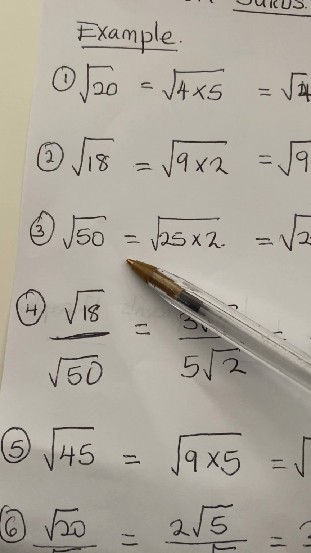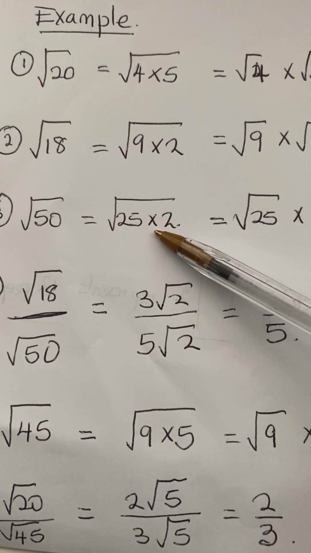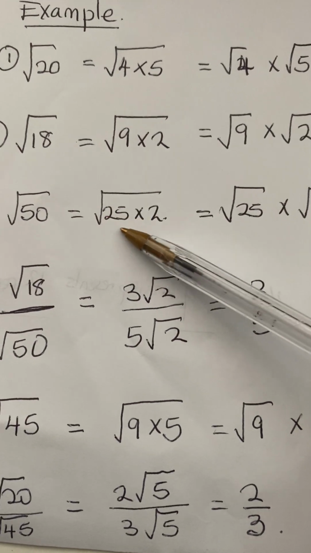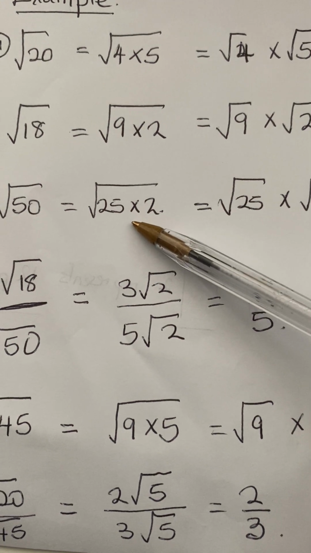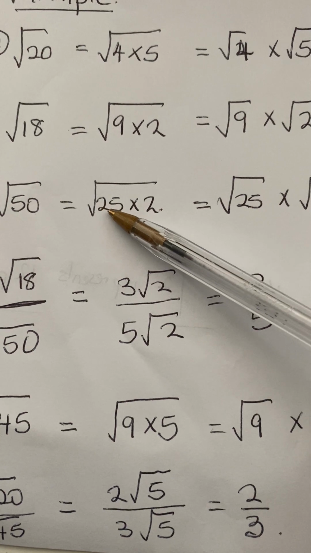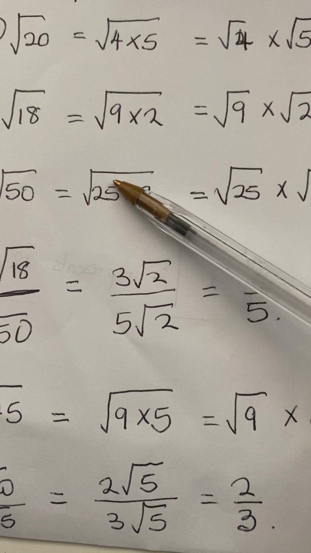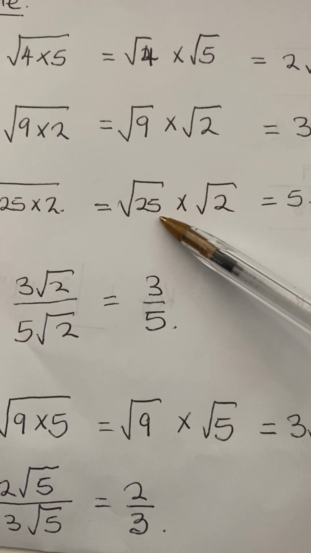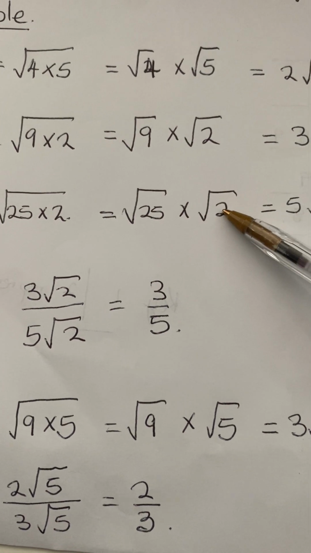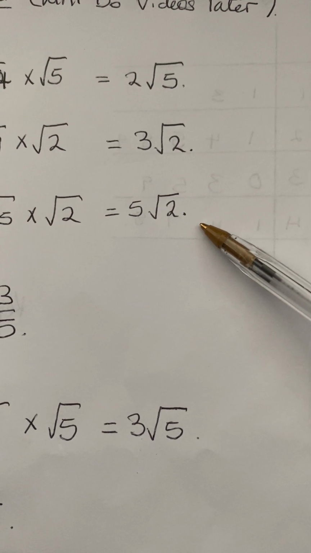The root of 50, you can write as the root of 25 times 2. You are trying to see how you can break it down to get a whole number for one of them. The root of 25 here is 5, and then you have the root of 2. So now you have 5 root 2.